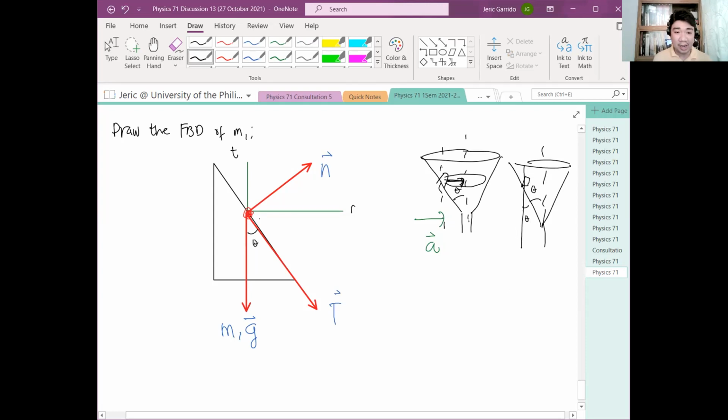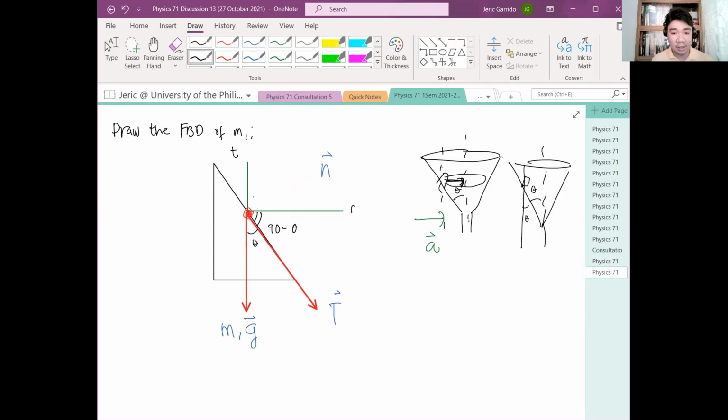Now, theta here and this second angle here are complementary to each other. They are complementary angles, and therefore, if this is theta, this is also 90 minus theta. And then this is also complementary, right?